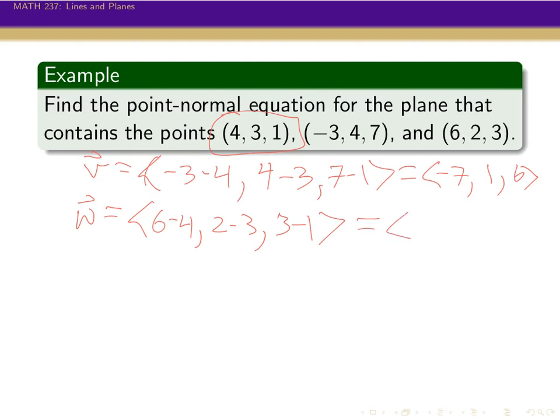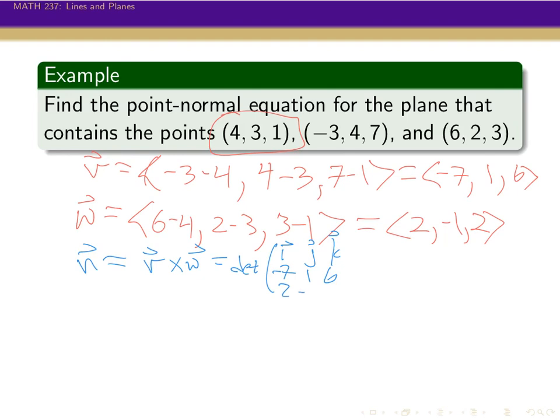And so that is 2, minus 1, 2. So now these are 2 vectors on the plane, so I can get the normal vector by taking the cross product of these 2. And so that's the determinant of i, j, k, minus 7, 1, 6, 2, minus 1, 2.